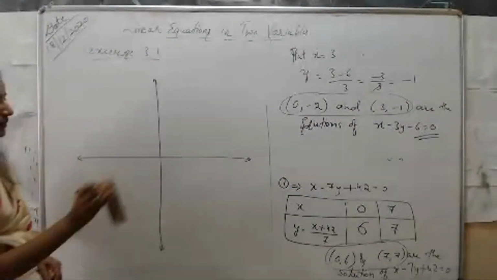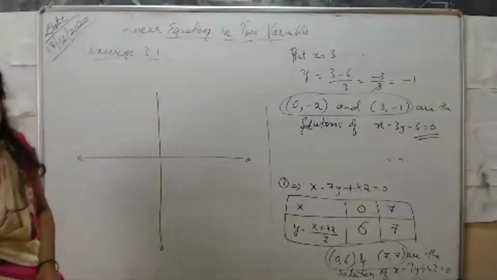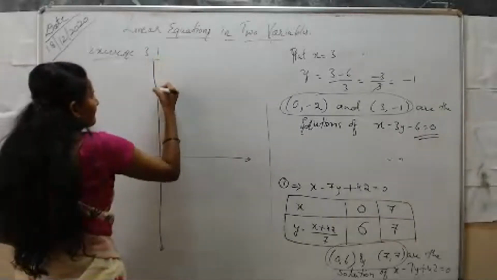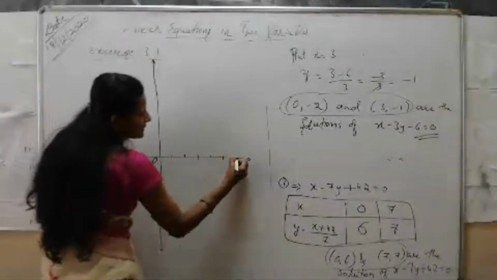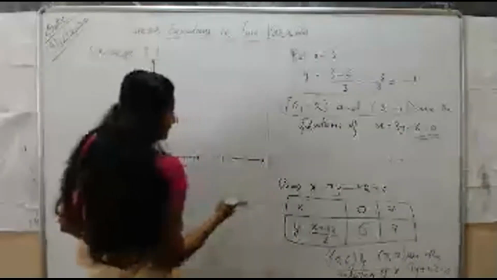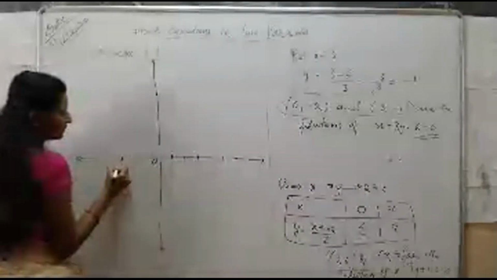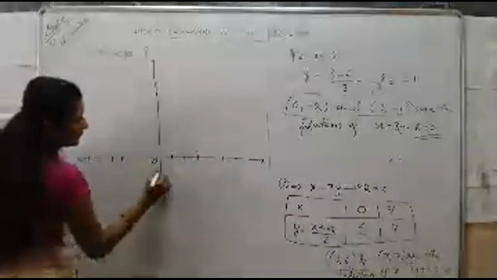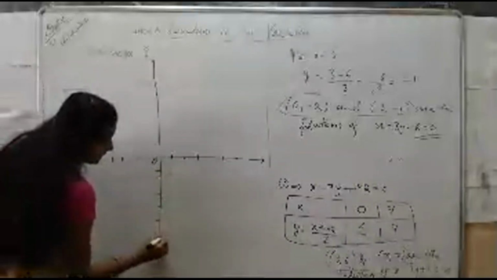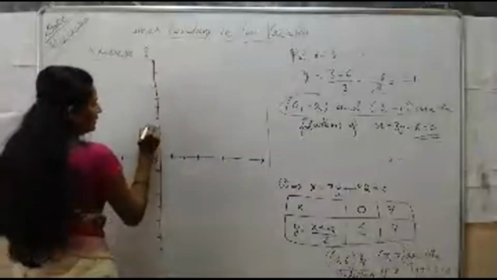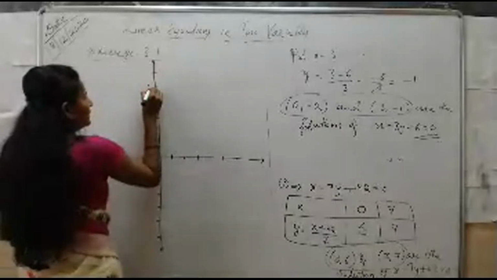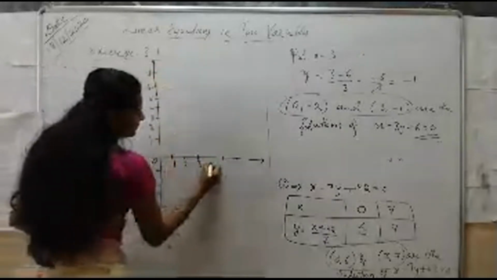Okay, so we should draw the positive values up to 7. 0, 1, 2, 3, 4, 5, 6, 7.